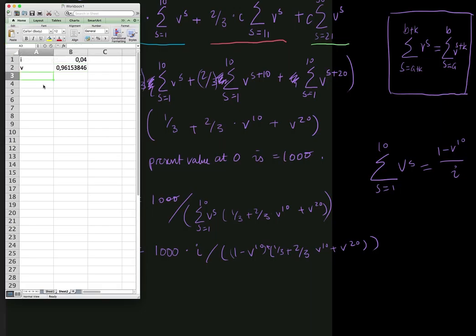So now we can find C. And C by our formula is 1000 multiplied by the interest divided by 1 minus v to the 10th, multiplied by 1/3 plus 2/3 times v to the 10th plus v to the 20th.